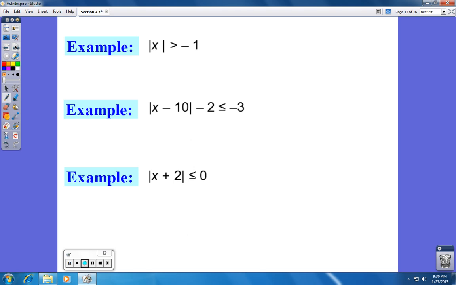The last 3 examples here are to show what if you have a negative number with an inequality? This reads the absolute value of x is greater than a negative 1. Well, if it was an equation, it would be no solution.